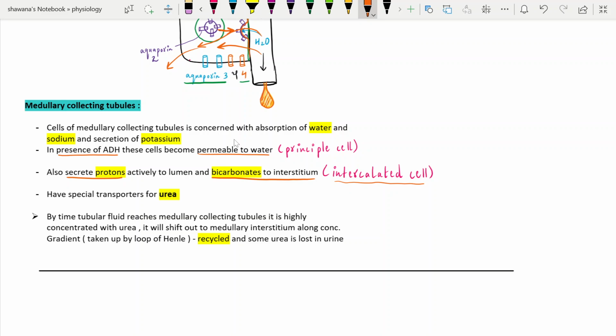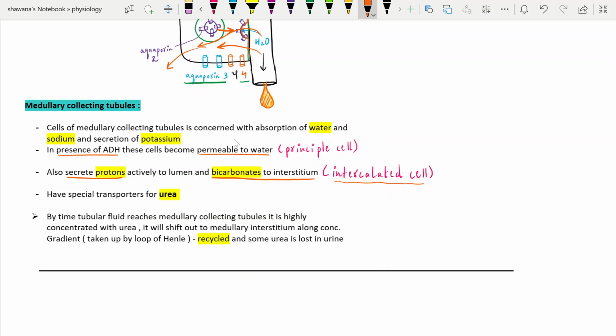It means that when the tubular fluid reaches the medullary collecting tubule, let me draw a nephron again. This is the Bowman's capsule, the proximal convoluted tubule, the thin descending limb. This is the loop of Henle, the thin ascending limb of loop of Henle.